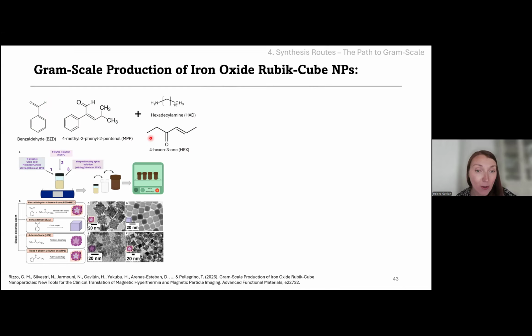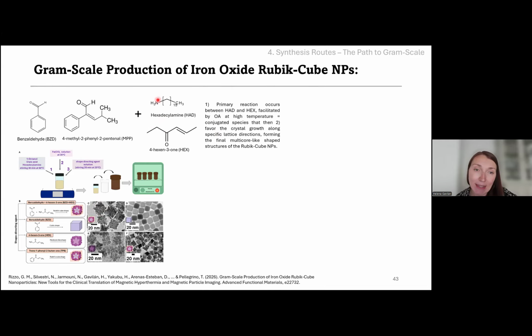Ketones, when combined with aldehydes, can really change the internal structure of the particle that you obtain, and you would end up with this Rubik-like multicore nanoparticle, but the overall shape of the particles is cubic, okay?